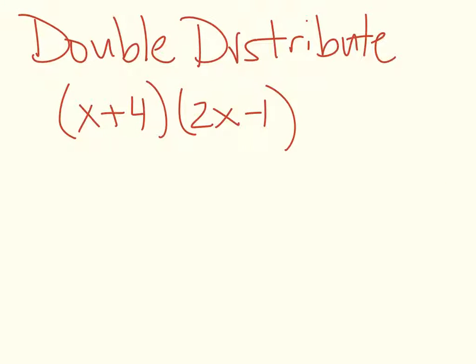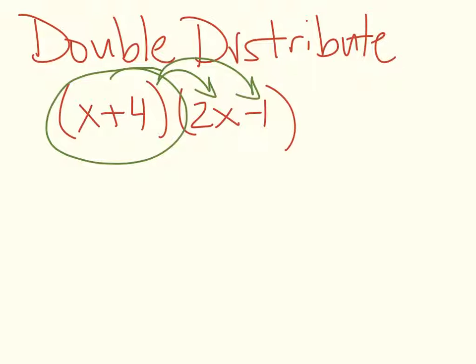In this method, we're going to double distribute, I call it. We're going to distribute twice. So with the distributive property, we're going to take this and distribute that thing in the circle to both terms in the second parentheses. So we're distributing the x plus 4, and we're going to multiply that by 2x.